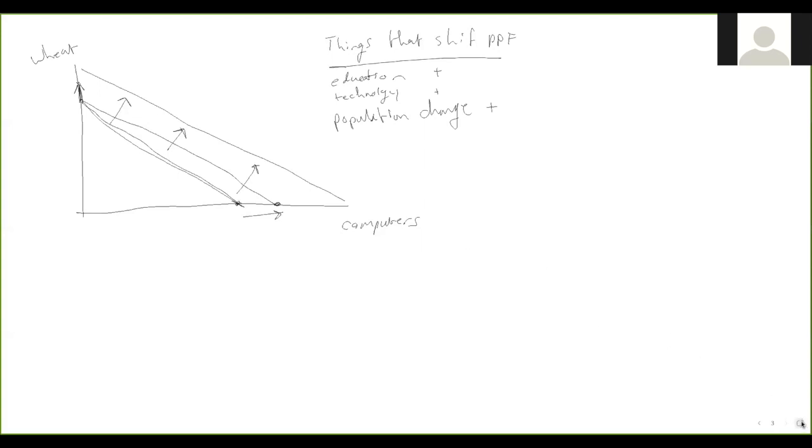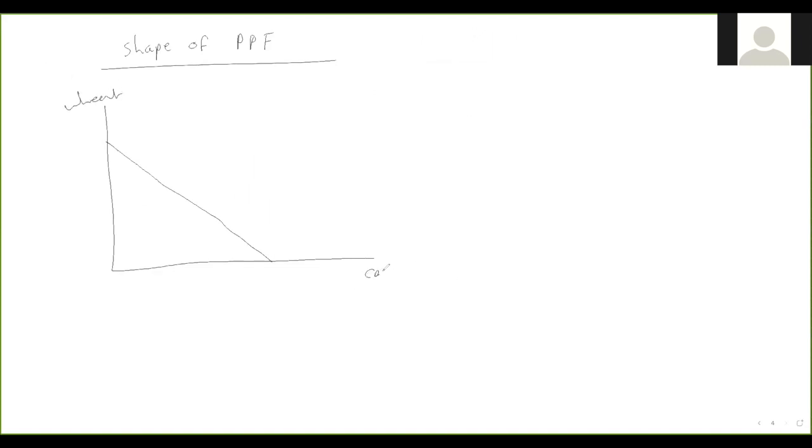And then the last point is on the shape of the PPF. Up until this point, every production possibilities frontier we've drawn is linear, which means our opportunity cost is constant at any point.